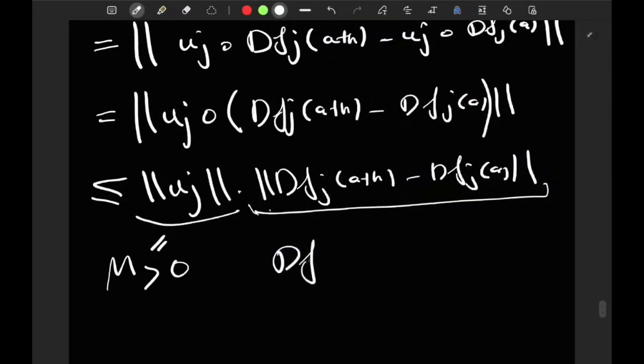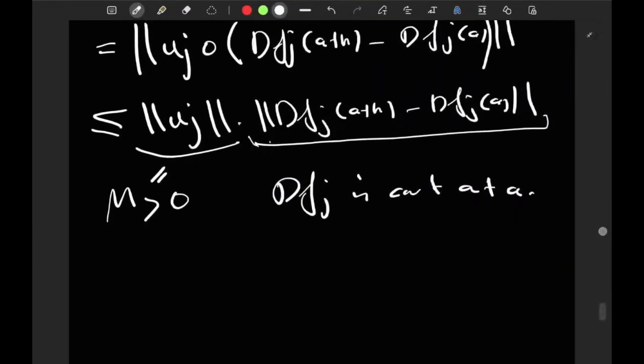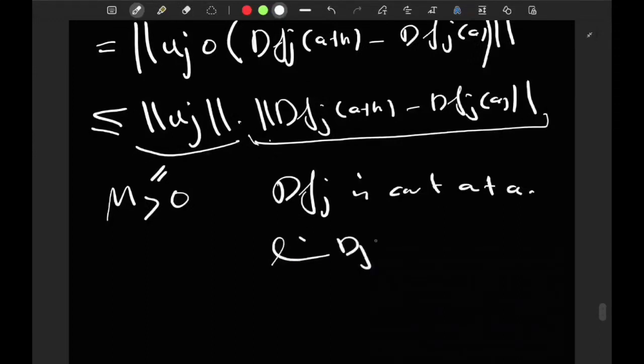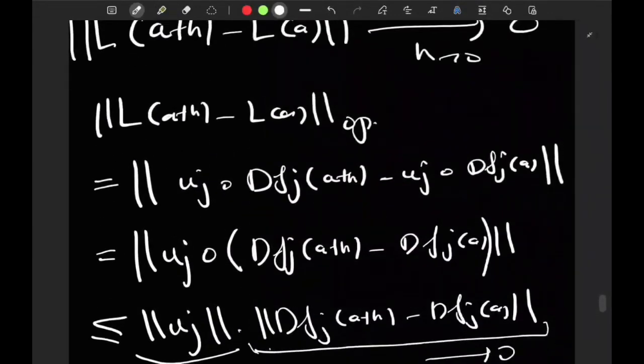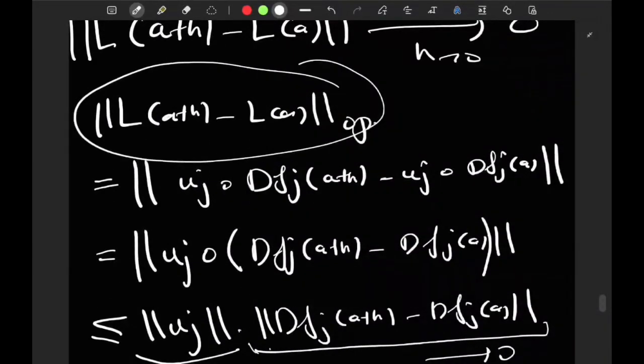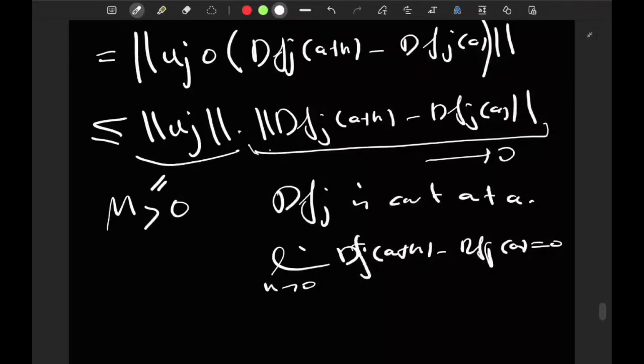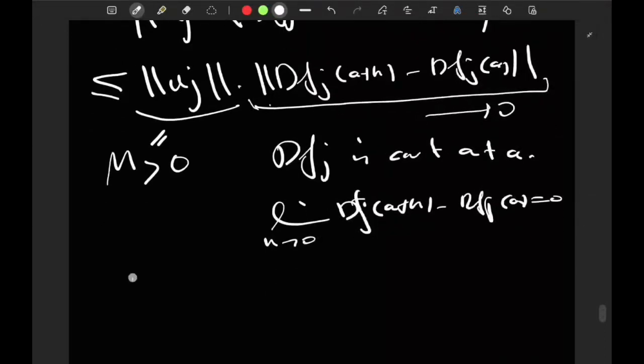Because dfj is continuous at A, which means precisely that the limit of dfj at A plus H minus dfj at A equals 0 as H goes to 0. So this thing goes to 0, and then L certainly is continuous at the point A. And L was representing one of the uj composed with dfj of dot.